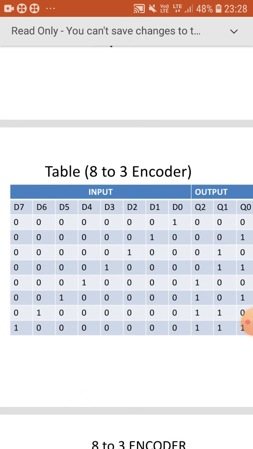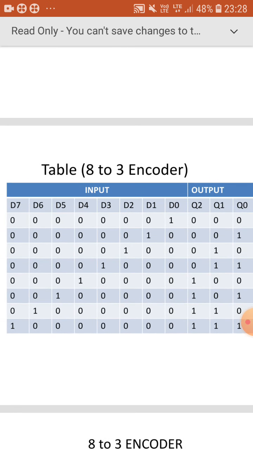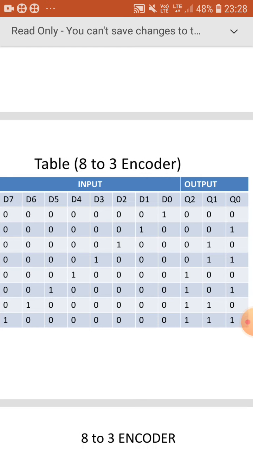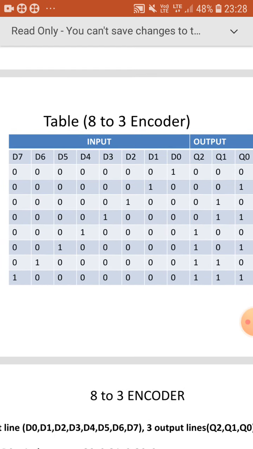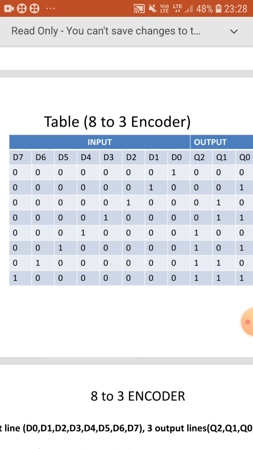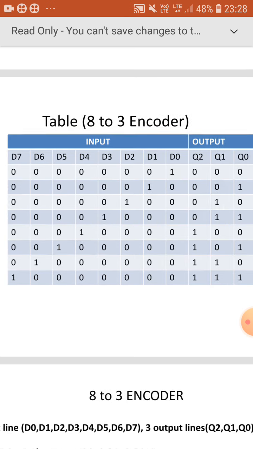If D0 is equal to 1, then the output will be 0, 0, 0. If D1 is equal to 1, then the output will be 0, 0, 1. If D2 is 1, then the output will be 0, 1, 0. If D7 is equal to 1, then the output will be 1, 1, 1.